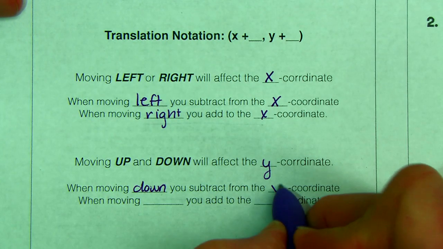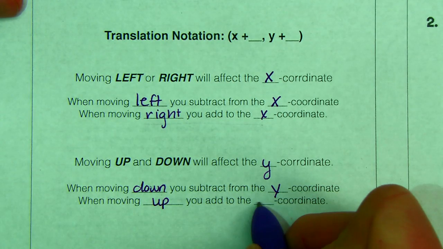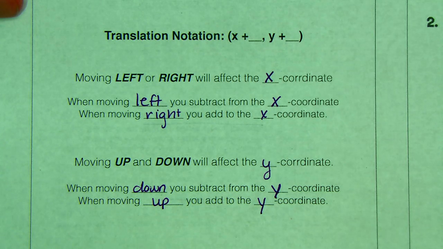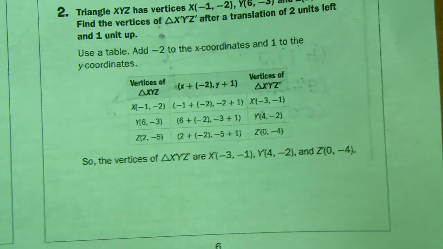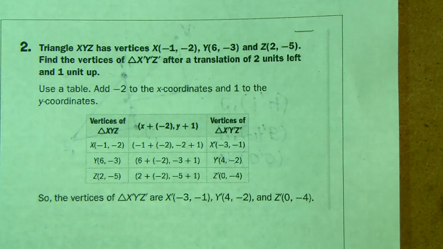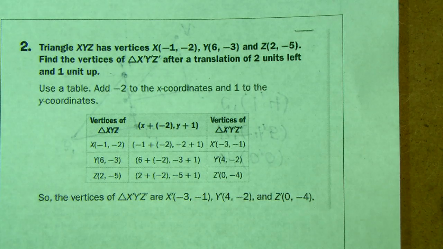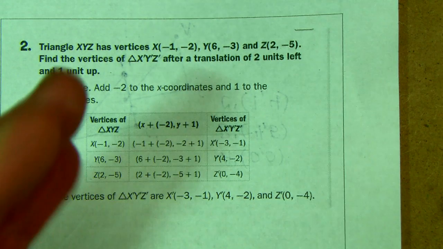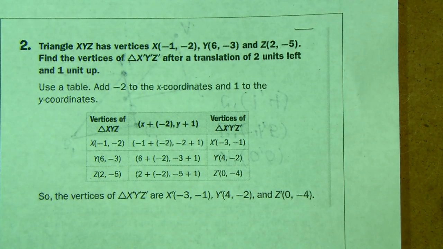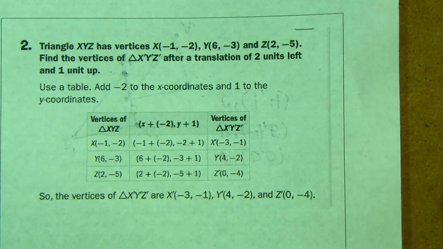So over here, here's an example of a question where they say, hey, here are the original vertices, and then you could actually use that information to find the new vertices before you graph them instead of counting it on a paper. Or maybe you don't have graph paper and it just says find the coordinates.